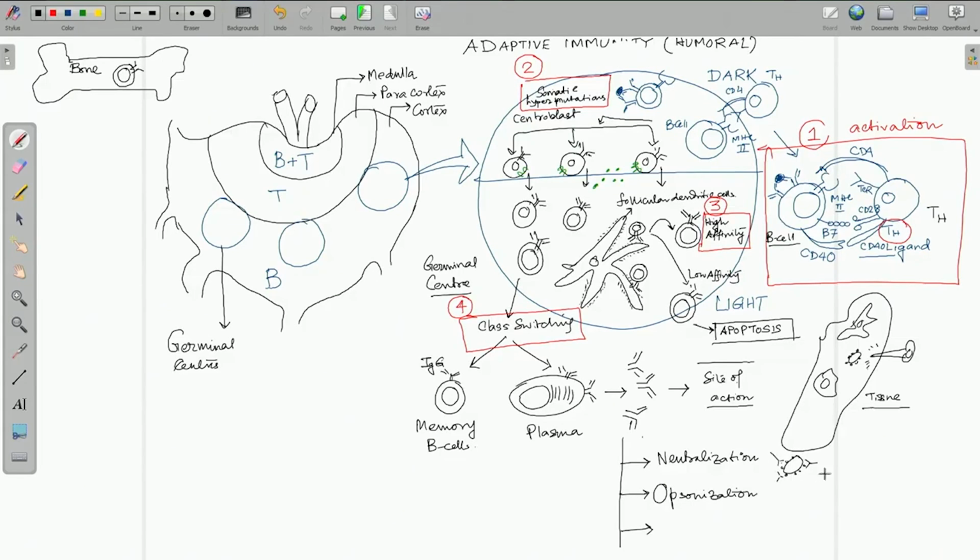That means assisting the antigen presenting cells in engulfing. For example, they can assist the macrophages to engulf or phagocytose the pathogen. Or they can do a third thing, that is complement activation.